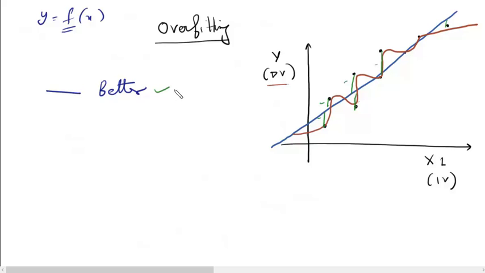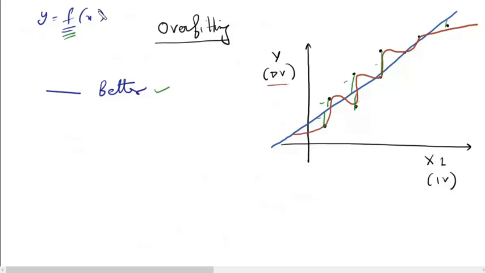Why? This is because any machine learning algorithm, or any function that we come up with, is used for future prediction, for extrapolating to data which the model has not seen before. So remember, we had split our data into training and test data. We build the model on the training data and then we apply the model on the test data, and the accuracy on the test data is what validates the goodness of your model, not the accuracy on the training data.